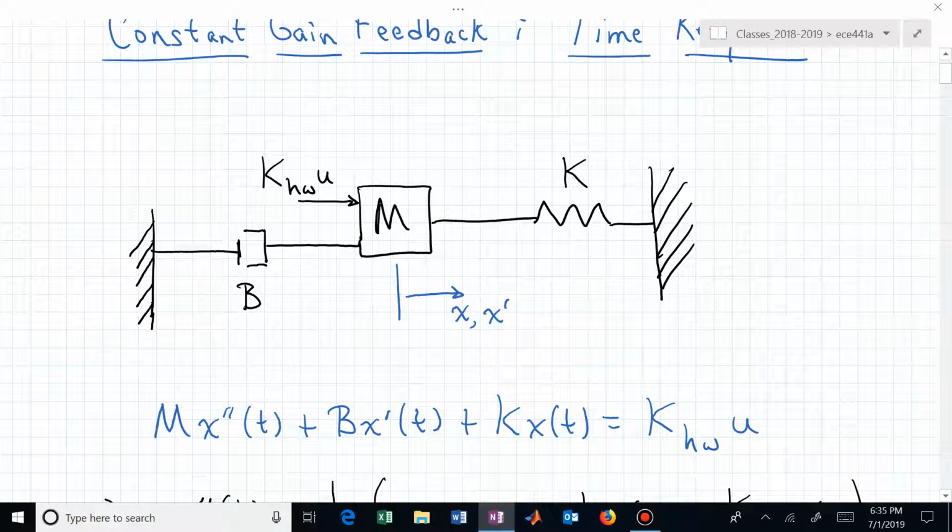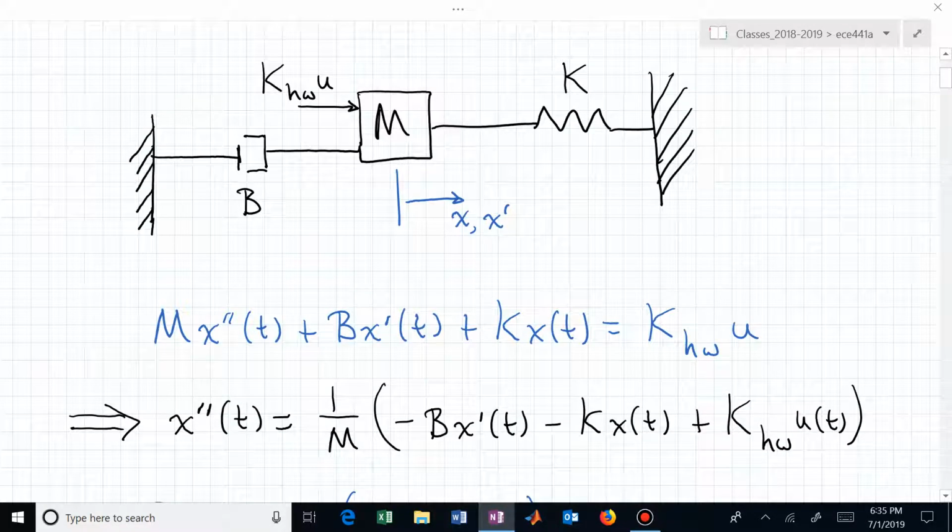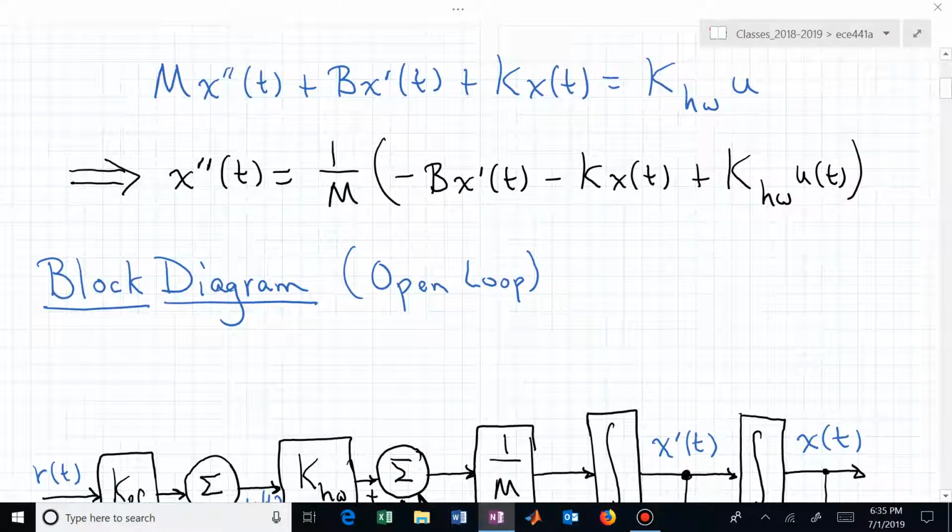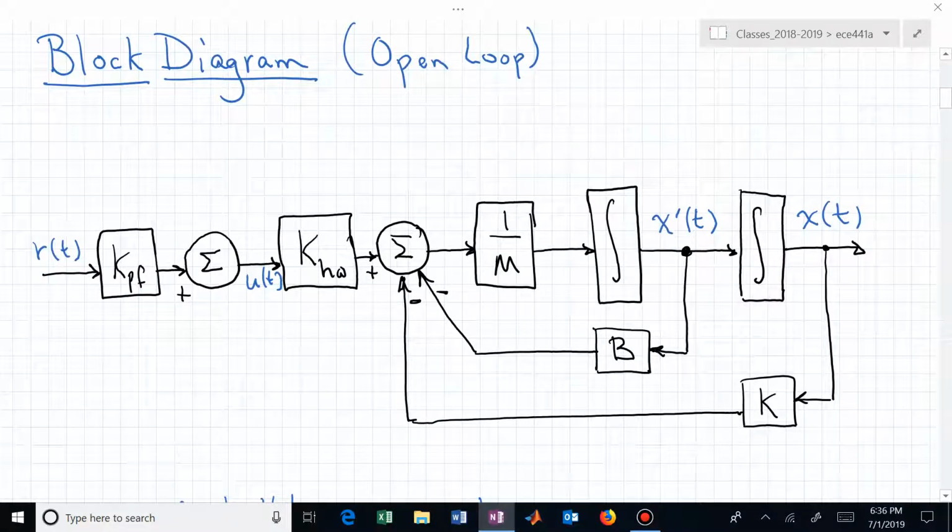It's M x double prime, so mass times the acceleration of that mass, plus B, the damping coefficient, times its velocity, plus the spring constant K times the position, and that equals the applied force, which is determined by this hardware constant K sub hardware times U. We can solve that for the acceleration to provide a way to think about this mechanical system in the form of a block diagram.